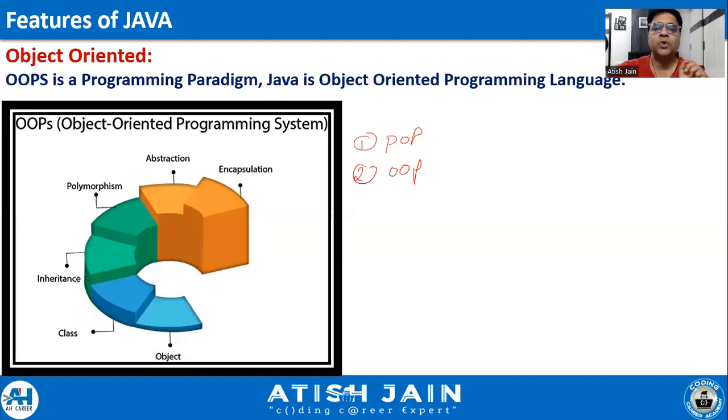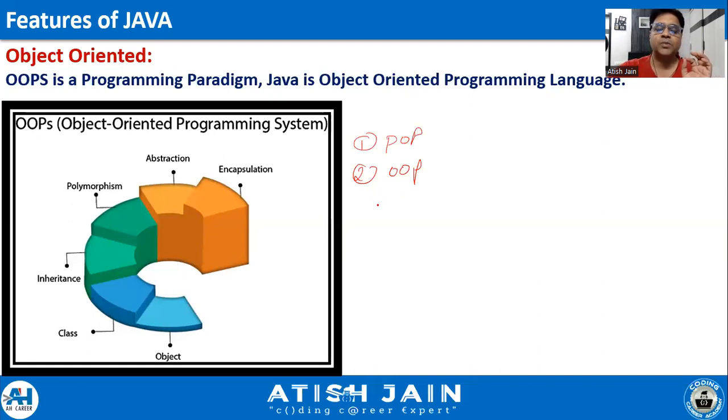This POP and OOP are nothing but the styles, or we can say programming paradigms through which an application can be built. More about OOP we'll see later once we enter into the programming part. But as of now, you just understand that Java programming language supports object-oriented programming concepts.